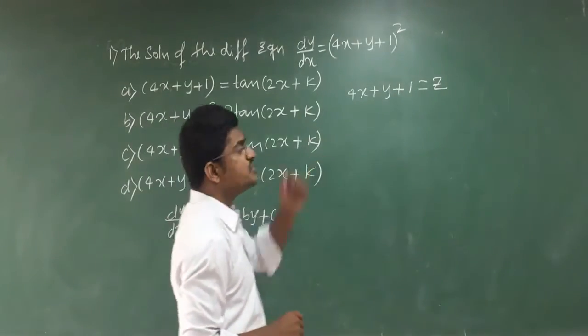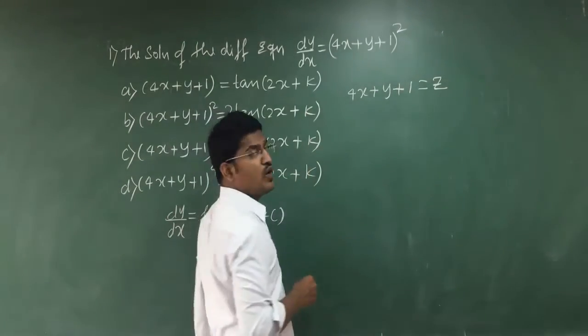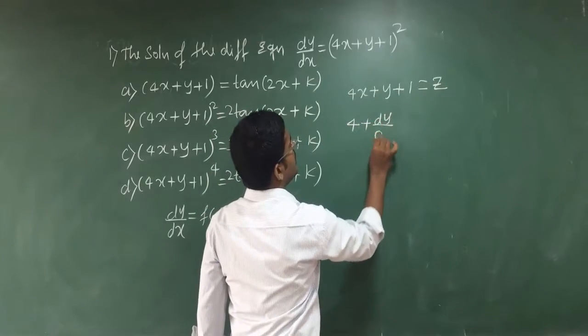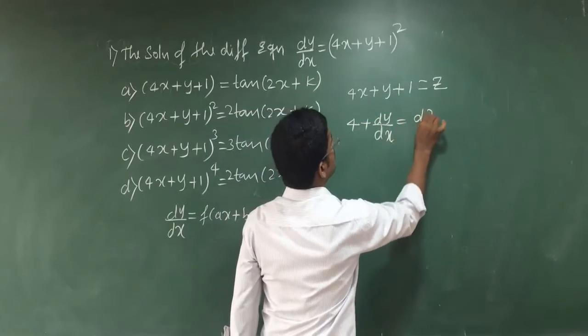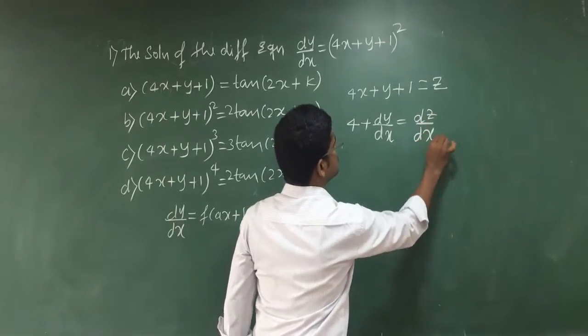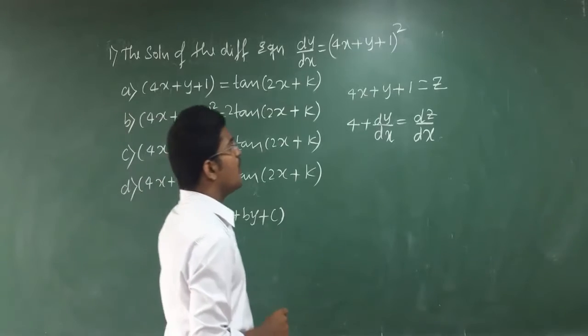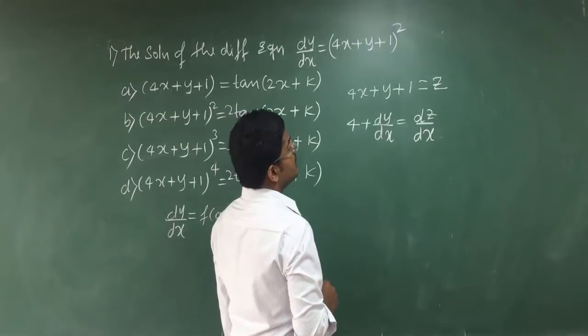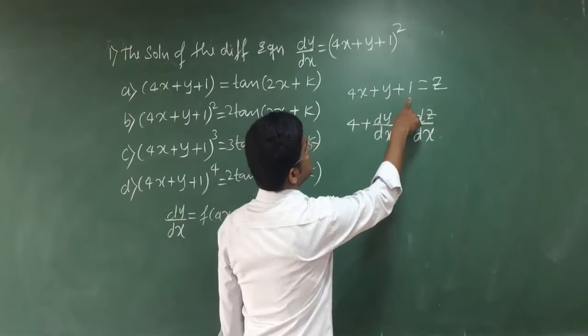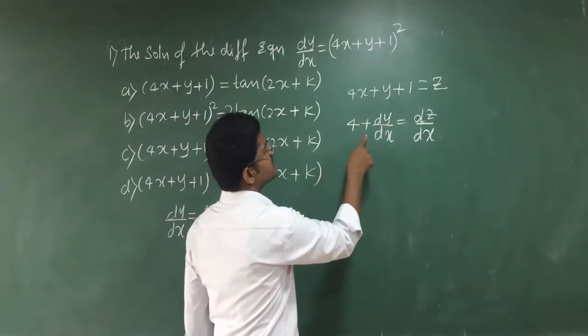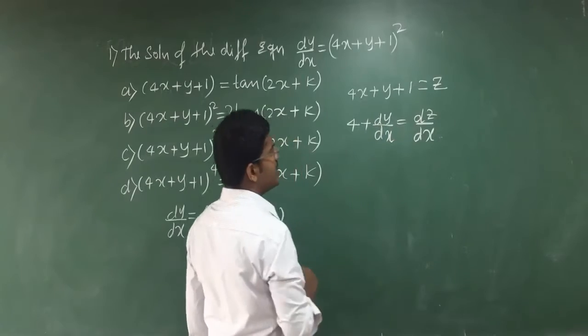Differentiating this, what are you going to have? 4 plus dy by dx equal to dz by dx. You have replaced this term as z, and then you have 4 plus dy by dx equal to dz by dx.